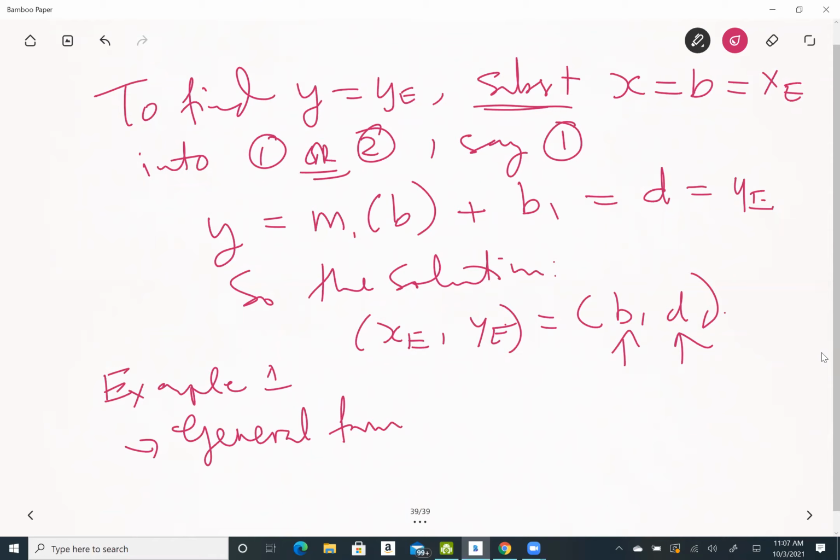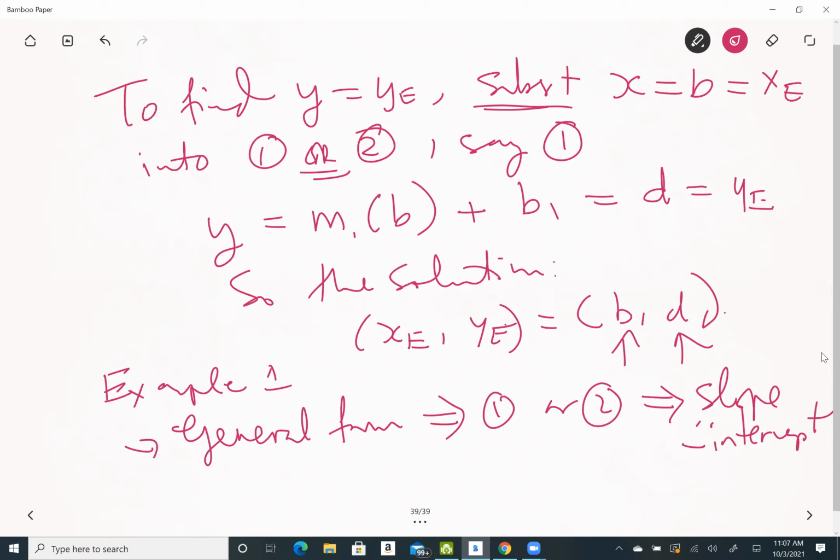So if you're given the general form, you can use 1 or 2, write it in slope intercept form, and then substitute into the other.